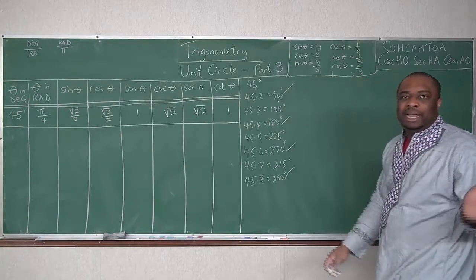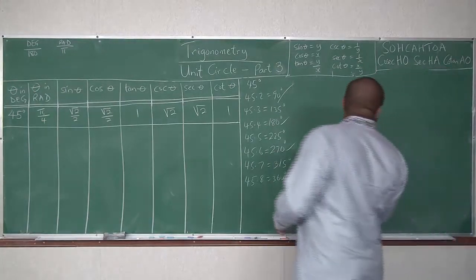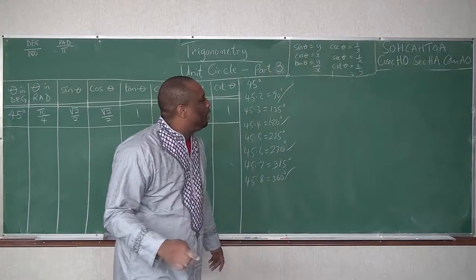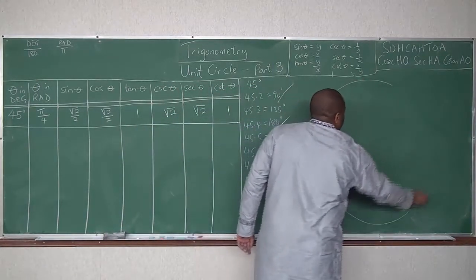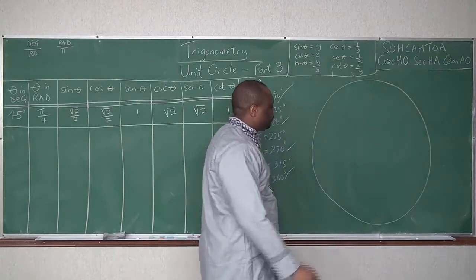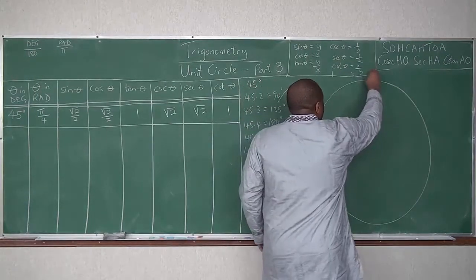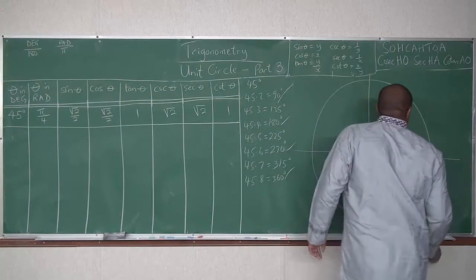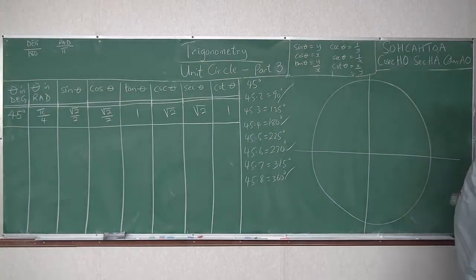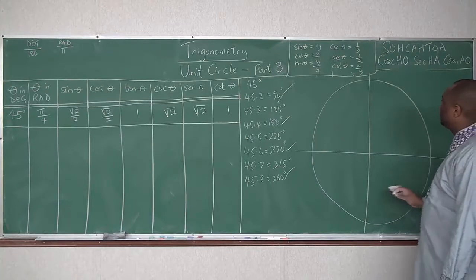All right, let's see how this will work now, folks. Let's draw our circle as usual. We are doing reference angles of 45, and we want to see how it looks.